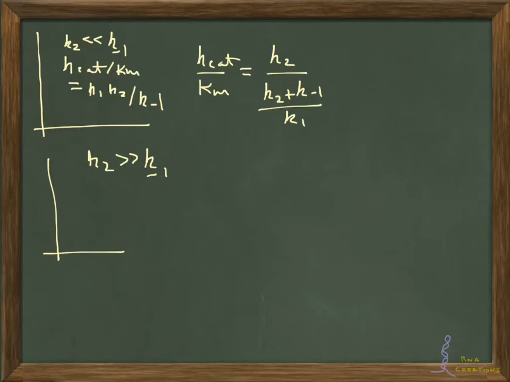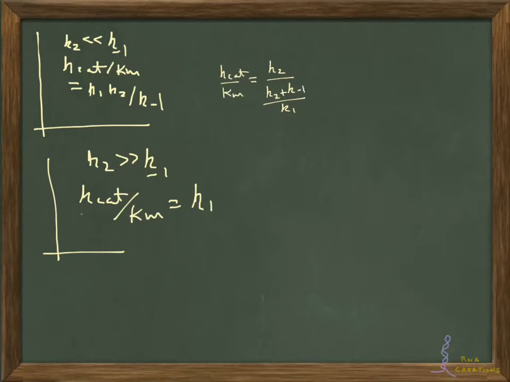And that here, kcat over km was going to equal k1, right? All right. So let's go ahead and plot those just for practice.